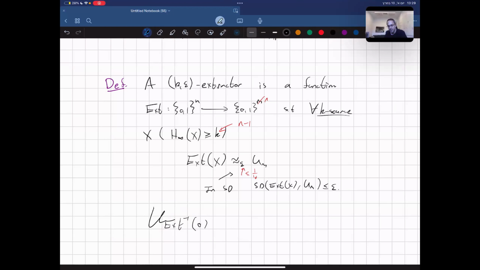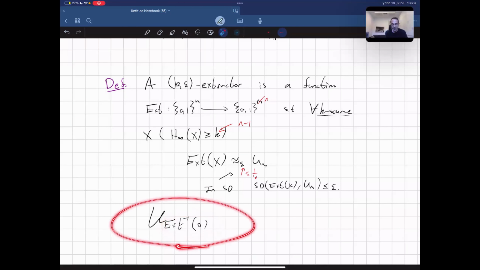This random variable has entropy at least n minus 1, because this set is of size at least half times 2 to the n, so 2 to the n minus 1. And nonetheless, the extractor is constant by definition on the source. In particular, it's not close to uniform.